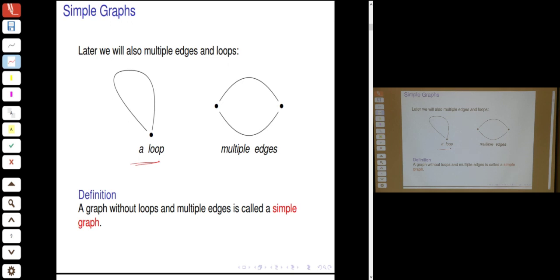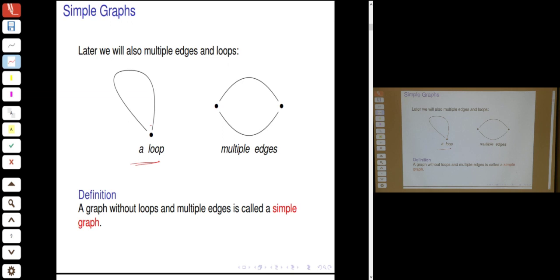So, the point is that if you look at the definition of graphs, then technically it doesn't exclude the possibility that there can be loops at certain points, or certain pairs of vertices can be connected by multiple edges. Okay? So, this possibility might be there depending on the nature of the graph that you are studying.